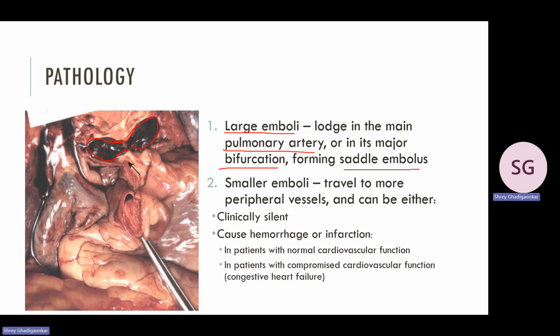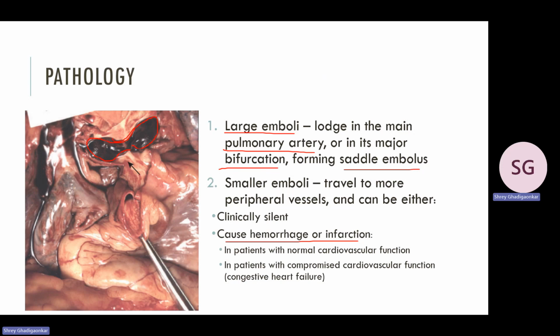You can also have smaller emboli which travel to more peripheral vessels, and these can be clinically silent. With time, they undergo organization, and they basically embed themselves into the vascular wall. Apart from that, you could also have hemorrhage or infarction.